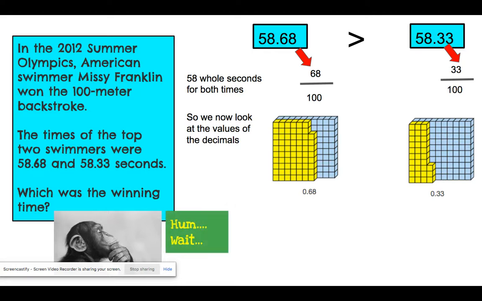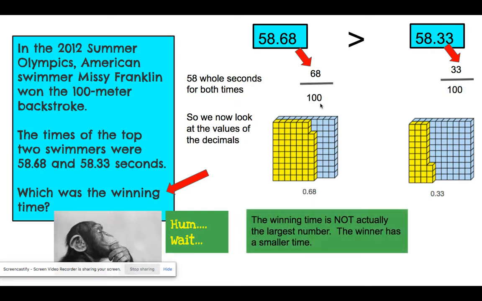But wait a minute. Which was the winning time? Well, we know that 58 and 68 hundredths is larger than 58 and 33 hundredths. But the winning time is not actually the largest number. The winner has the smaller time, or the shortest time.